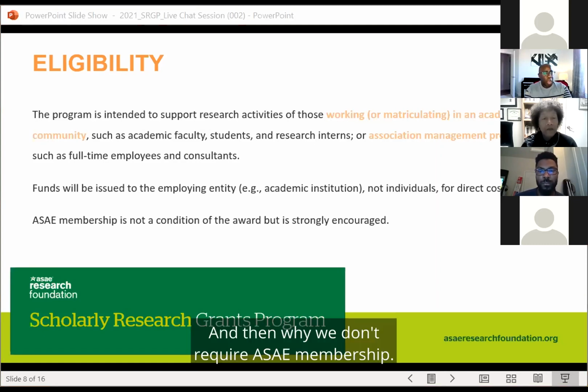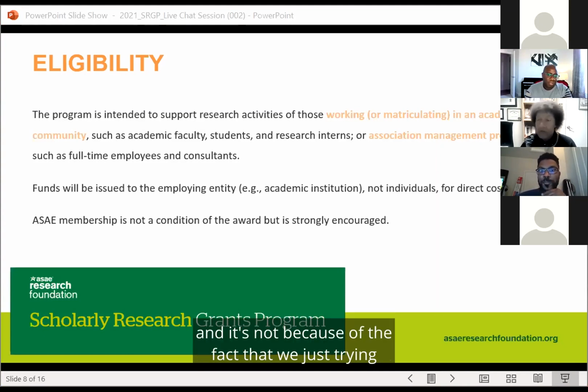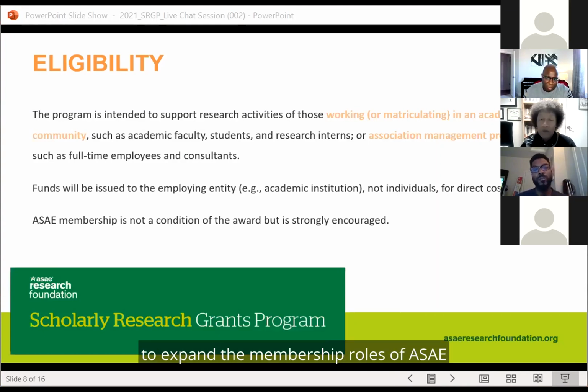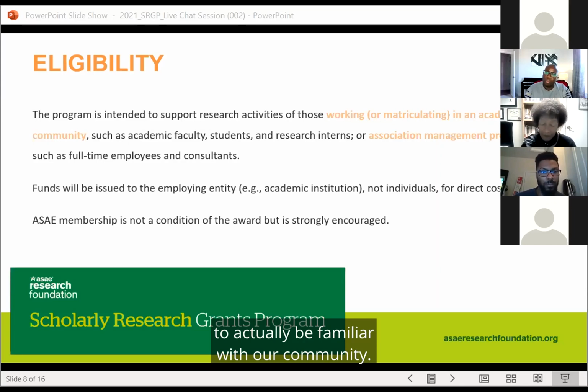And while we don't require ASAE membership, as that is not the push of this particular program, we strongly encourage it. It's not because we're just trying to expand the membership rolls of ASAE, though that's a good thing. It is really that we want people who are doing this research to be familiar with our community.